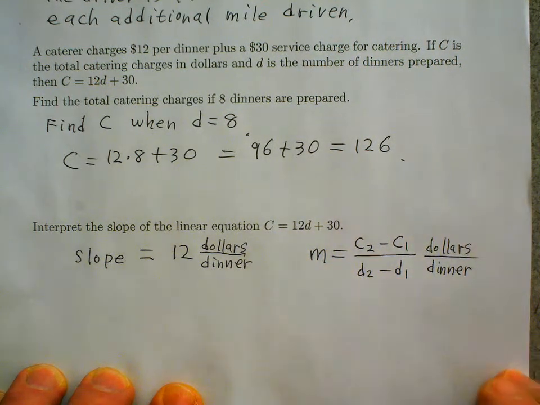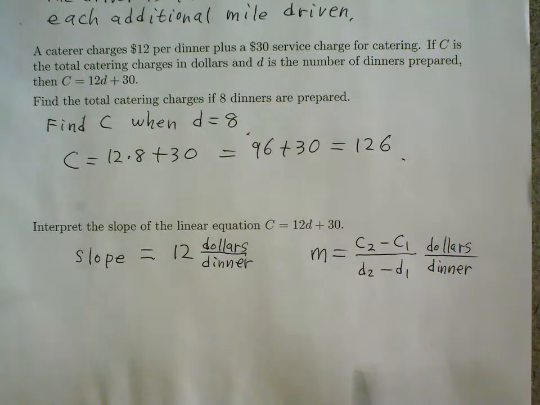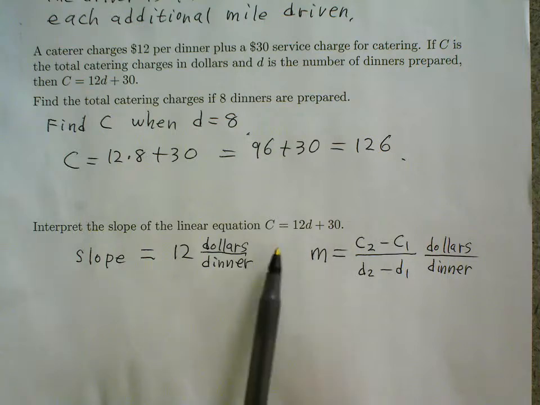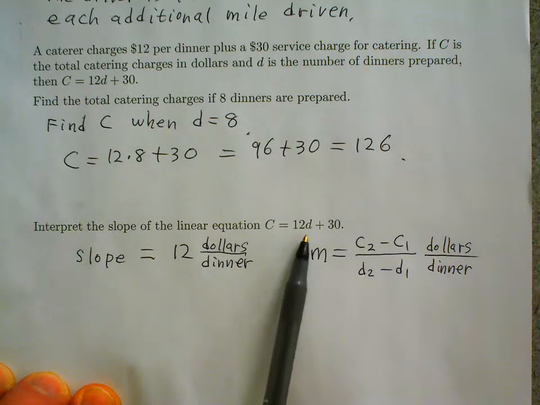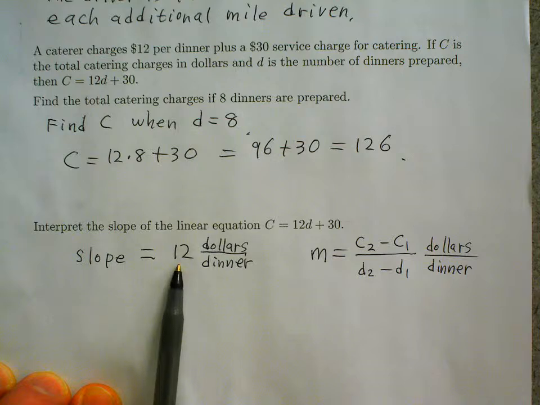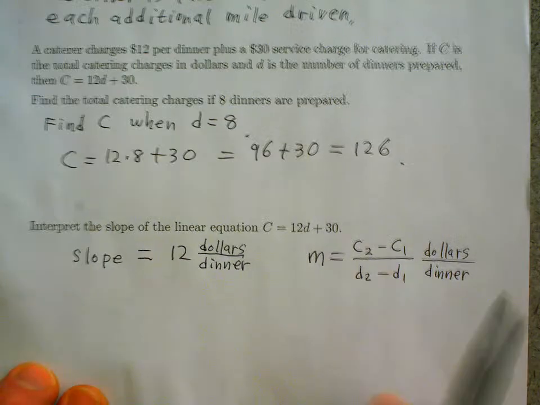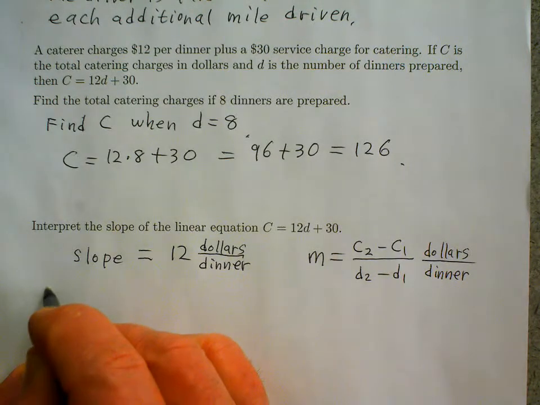So how do we interpret the slope besides saying that it's $12 per dinner? 12 over 1. Yeah, an economist's interpretation would be that if you increase the number of dinners by 1, you increase the catering charges by $12. So I'll just write that down.